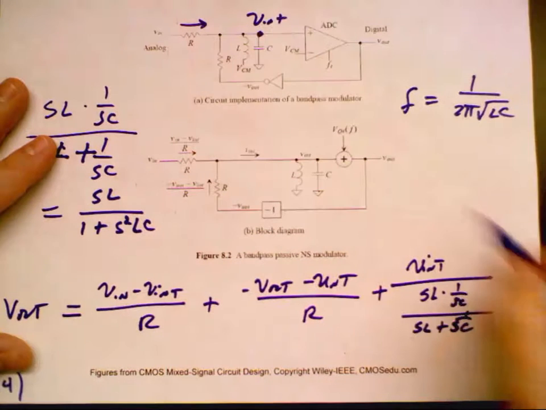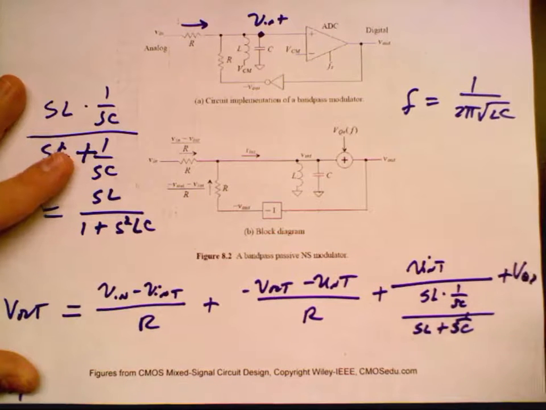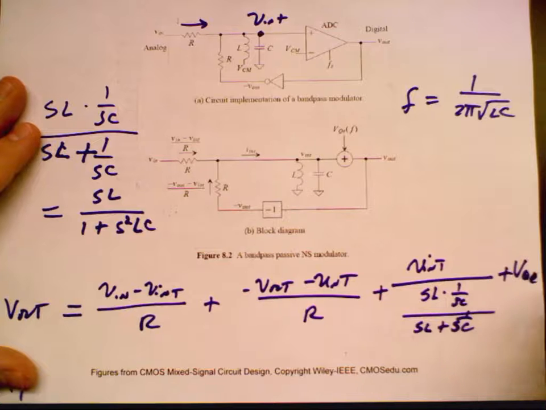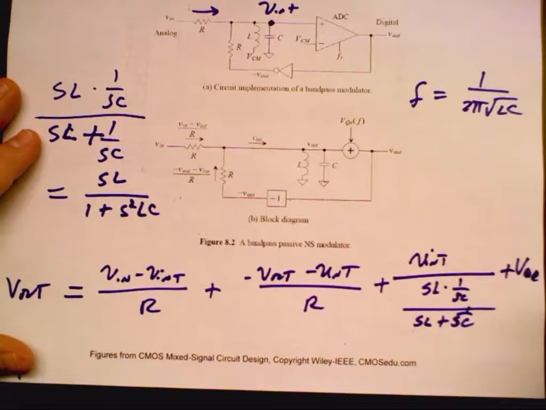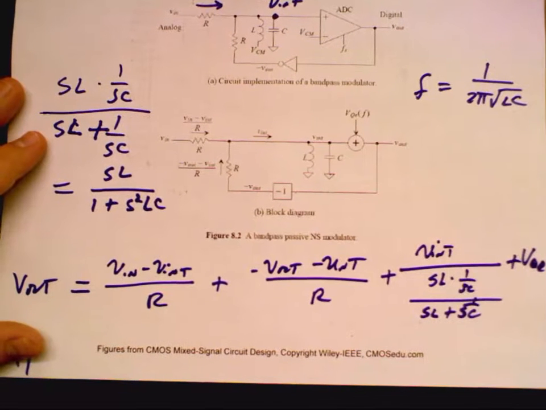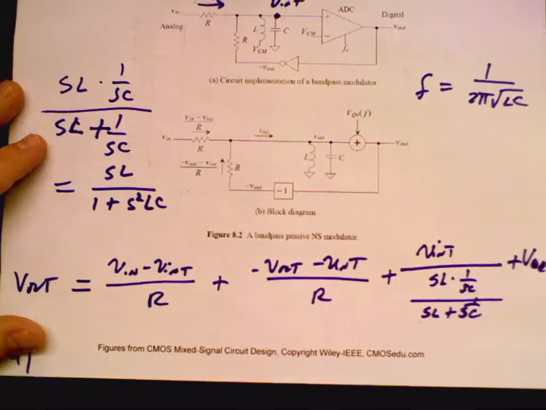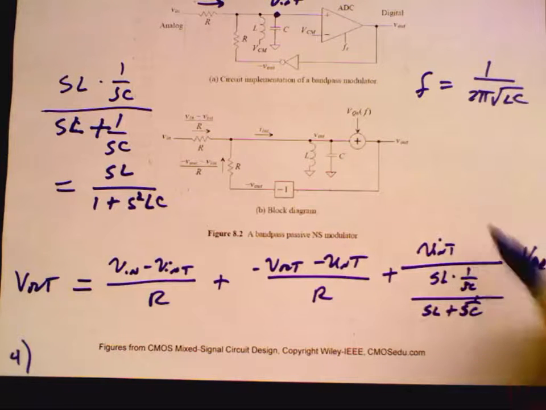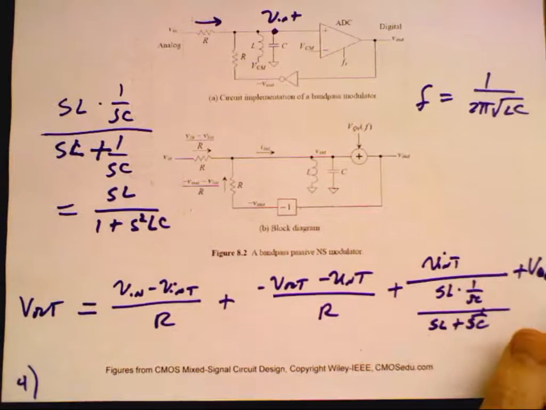Yeah, plus the quantization noise. Does everybody follow that? All right, so then ideally, what do I want V int to be? 0. Just like with the integrator, I don't want it wiggling.